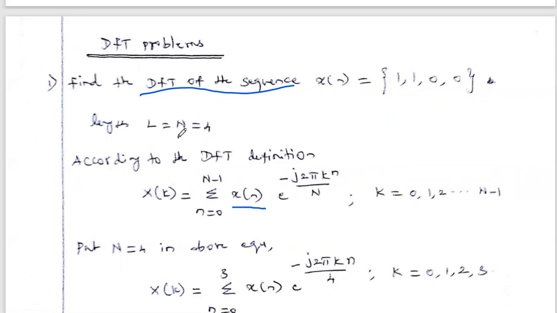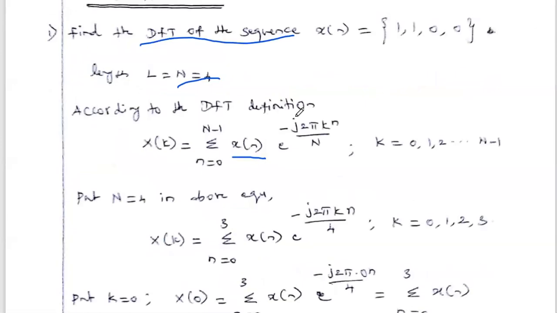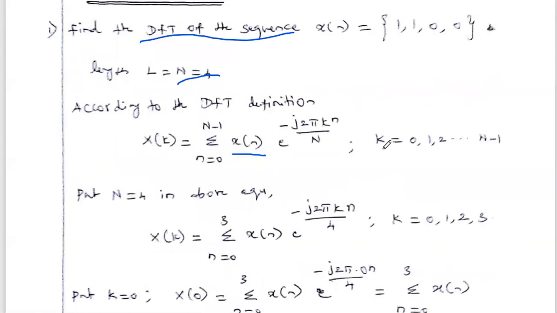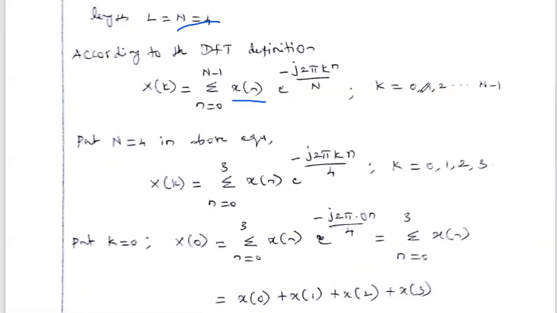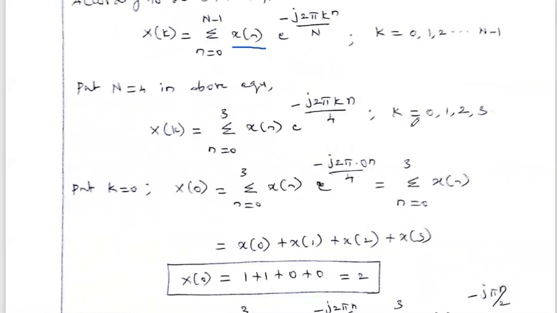Four input samples means the DFT output will also have 4 values. So capital N equal to 4, which means the k value ranges from 0, 1, 2 up to N minus 1, that is 4 minus 1, which is 3. So k ranges from 0 to 3.